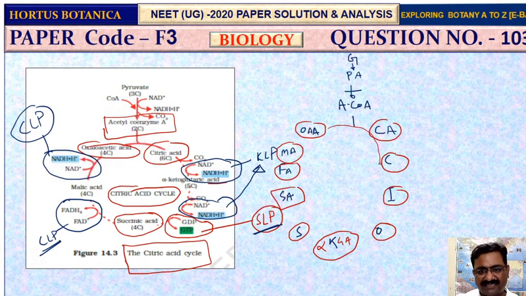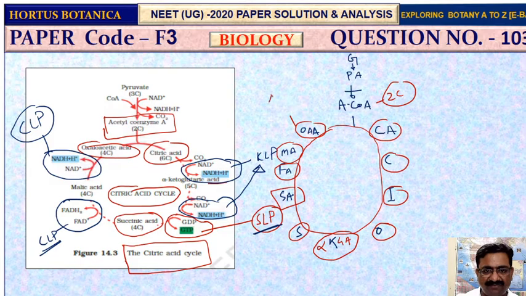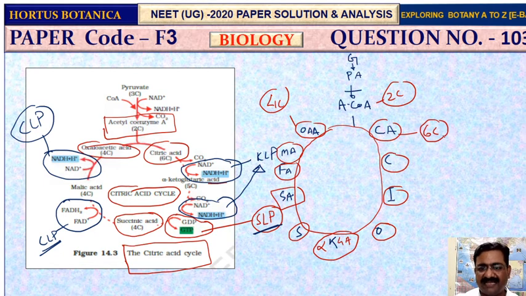Right now, this is a cyclic process. See, this is the 2 carbon compound, fine, and this is the 4 carbon compound. So 4 plus 2, we first have a 6 carbon compound, and this 6 carbon compound is the citric acid. That's why it is called the citric acid cycle, right? And since it was discovered by Hans Krebs, it's also known as the Krebs cycle.